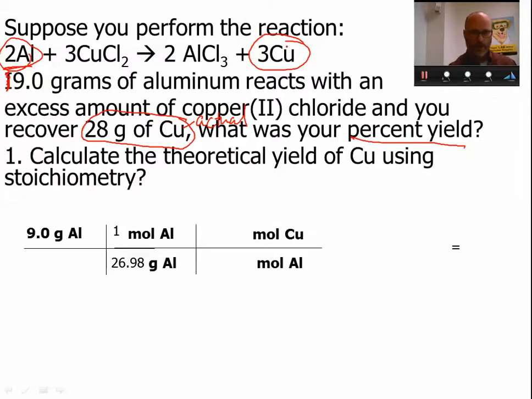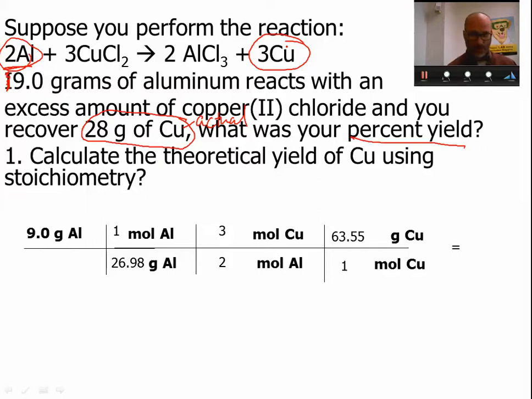And looking at the balanced chemical equation, we know for every 2 moles of aluminum, we have 3 moles of copper. Now we want to go from moles of copper to grams of copper, and by looking at the periodic table, in 1 mole of copper there is 63.55 grams of copper.